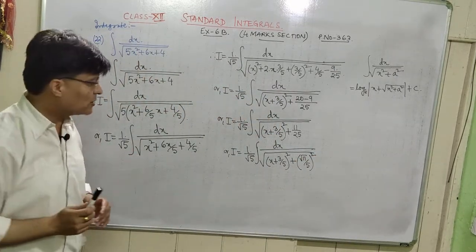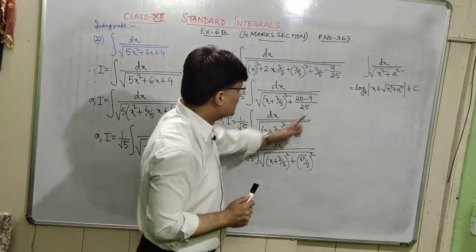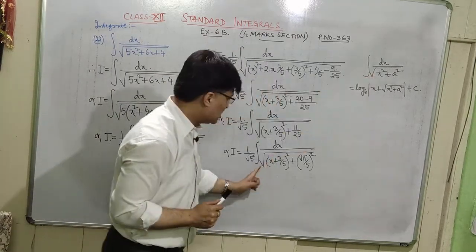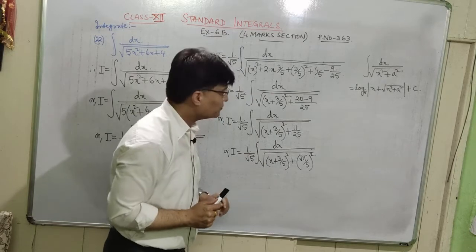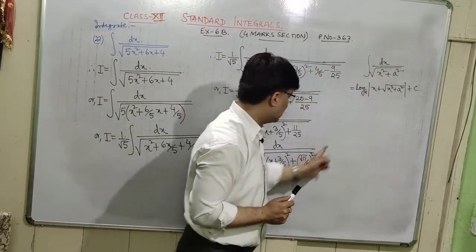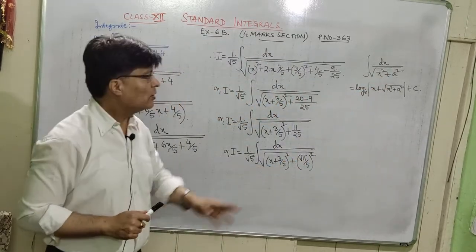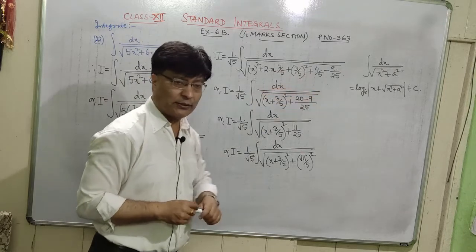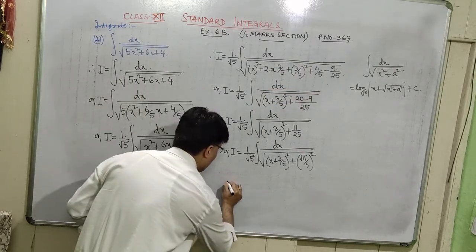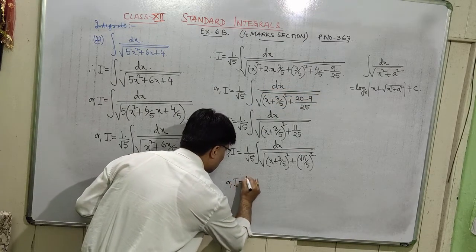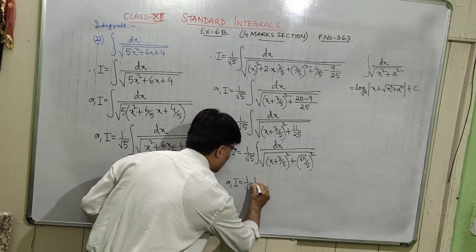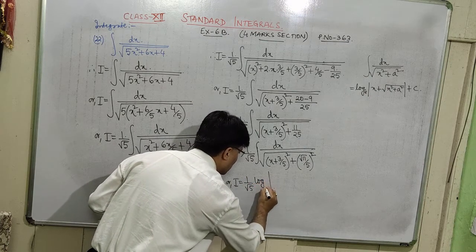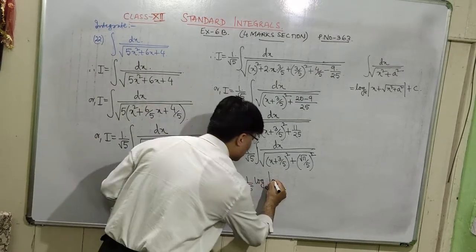So here instead of x, there is x plus 3 by 5, and instead of a, there is root over 11 by 5. So directly we can use this formula, right? So I is equal to 1 by root 5 log within mod sign, the base is e. What is x?